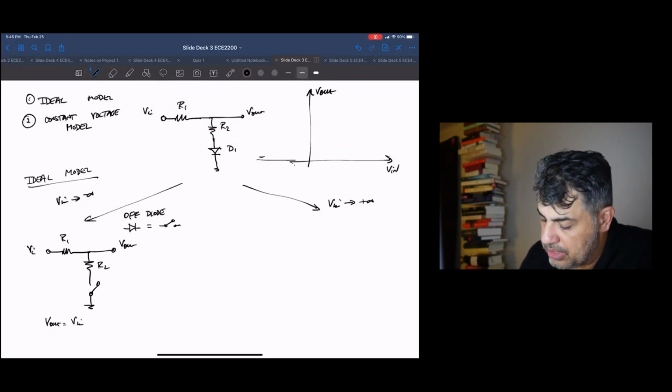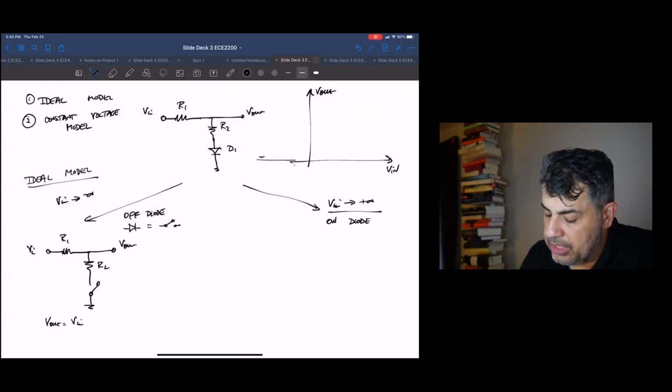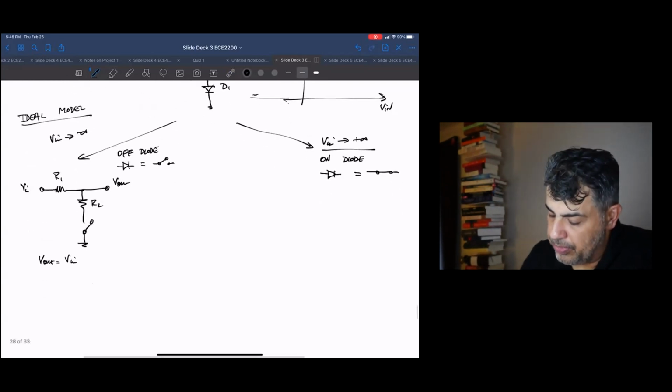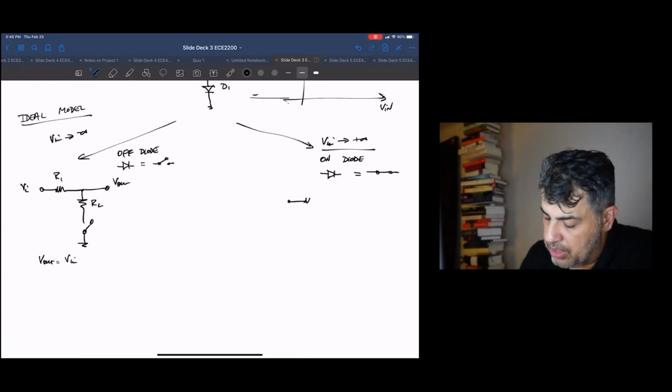In the case where Vin is very large, we have an on diode, and in the ideal case it just looks like a closed switch. So we get R1, R2, closed switch.